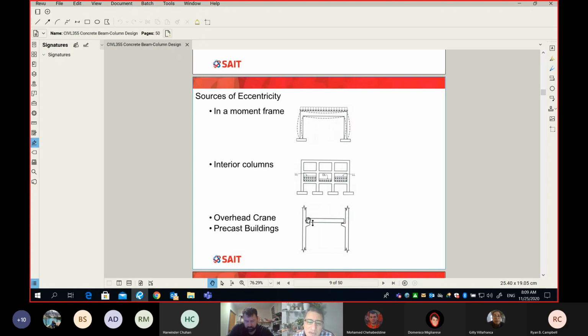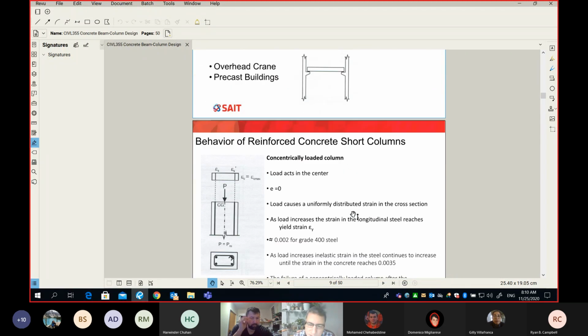And then finally, in a building with overhead crane, or maybe precast building, we always encounter this situation where out from the column we extend the cantilever to support the crane or maybe a beam in a precast building, and this will cause eccentricity as well, as we discussed last class.